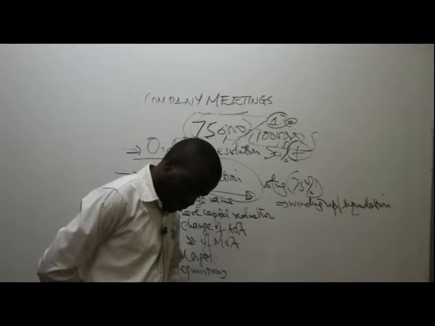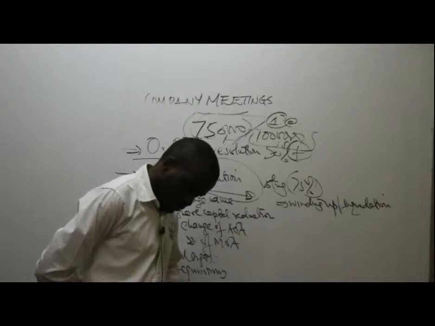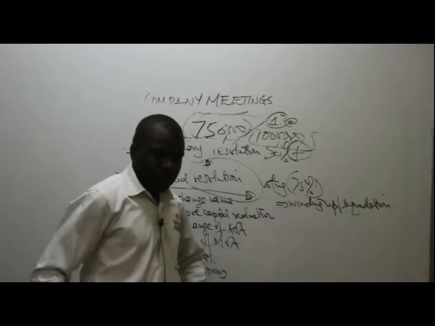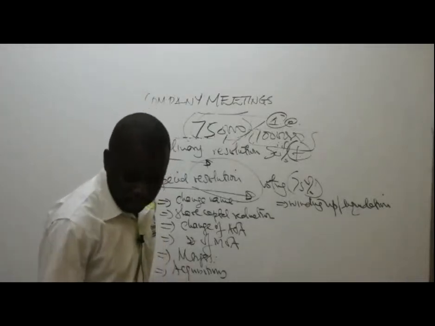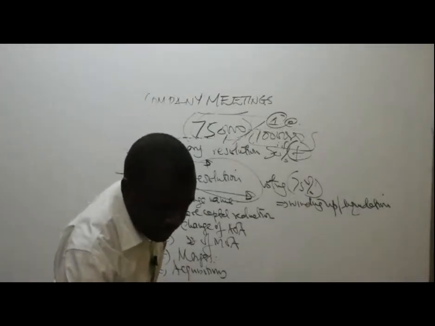For one requirement, I think it is the 75%. So maybe if you can highlight the other requirements. Let me have a look at the question. September 2021 question.